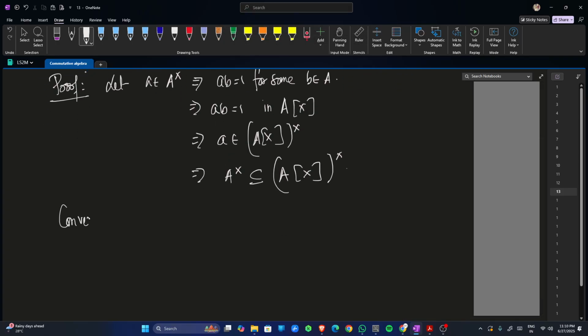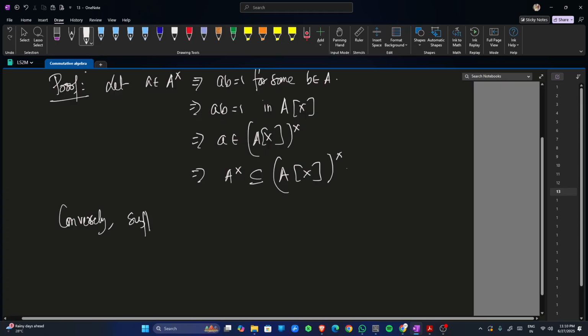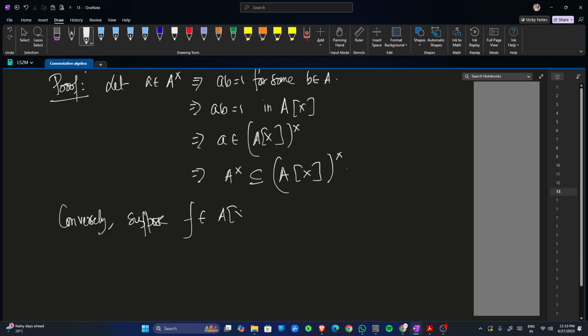Conversely, suppose f belongs to A[x] cross. Okay, let f equal to a0 plus dot dot dot plus an x^n, an not equal to 0, ai belongs to A, 0 less or equal to i less or equal to n.